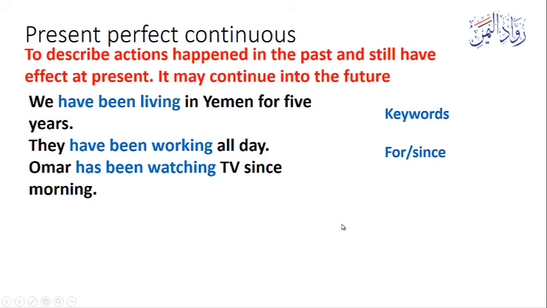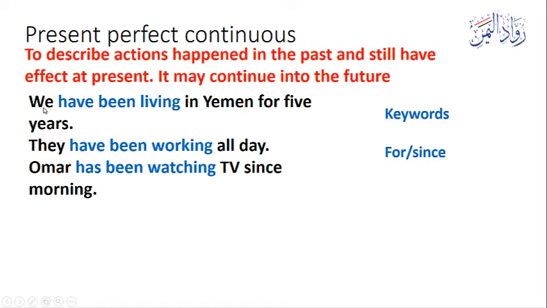The present perfect continuous. It is used to describe actions that happened in the past and still have an effect at present, and it may continue into the future. It means this action happened in the past, at the time of speaking it's still happening, and it may continue happening into the future.